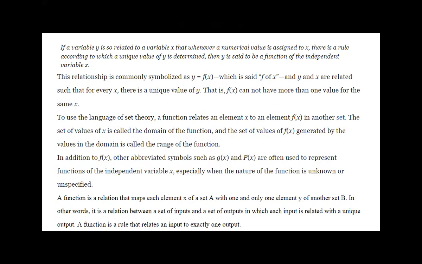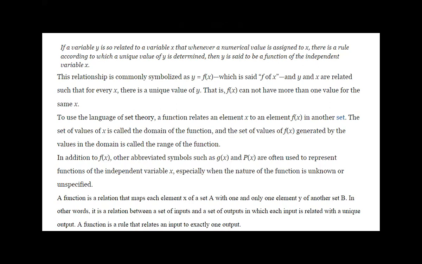How do we write the function of x? With f of x. And the same as what we are doing here, f of x is equal to y. This relationship is commonly symbolized as y equal to f of x. See what I told you just a minute before, that is, y is equal to f of x.